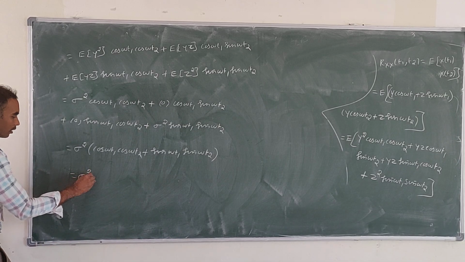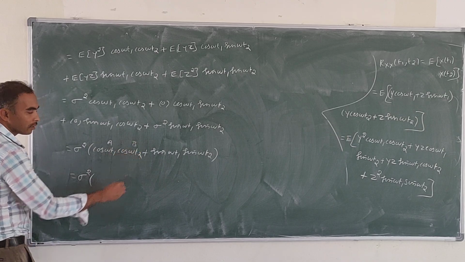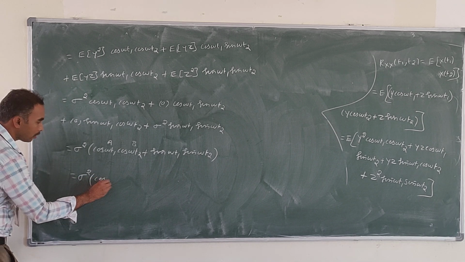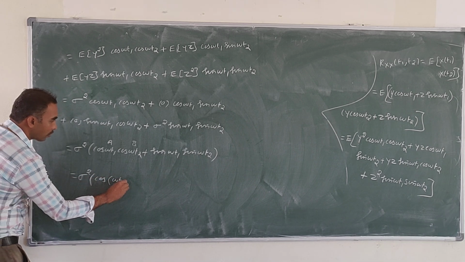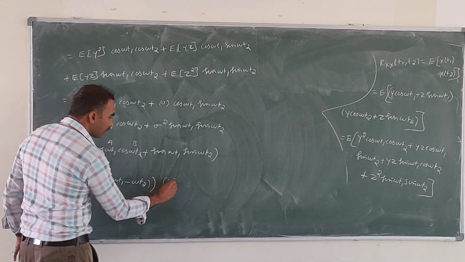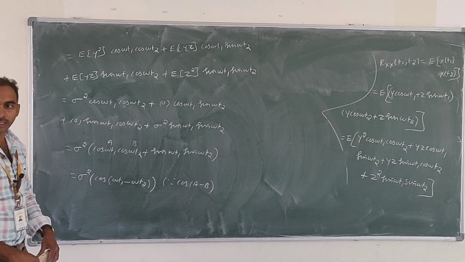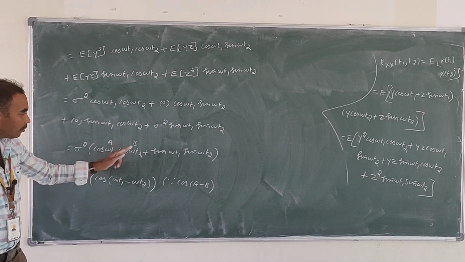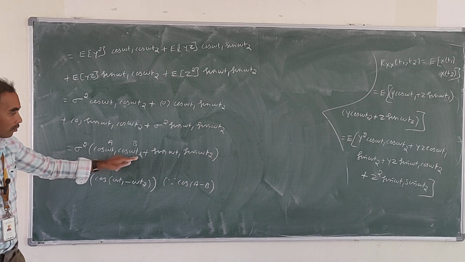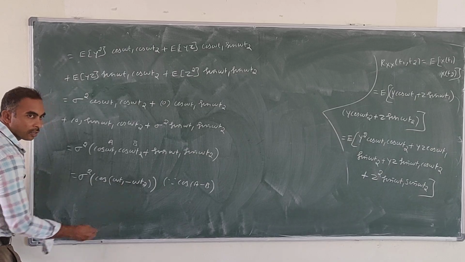So a is omega t1, b is omega t2. So cos a minus b is cos of omega t1 minus omega t2. In the cos a minus b formula we get cos a cos b plus sin a sin b. Where a is, we have omega t1, and b is omega t2. Omega is common.